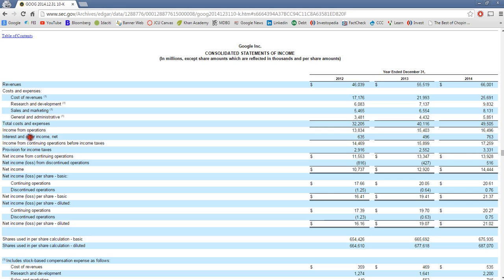Sometimes they can have gains and losses on items, and what a gain or a loss is compared to income we'll get into later. Pretty much what it means is that you bought and sold something at some type of gain. So if you bought it for $100 and then you sold it for $120, but it's not inventory, you're not in the business of buying and selling it, we'll call that a gain.